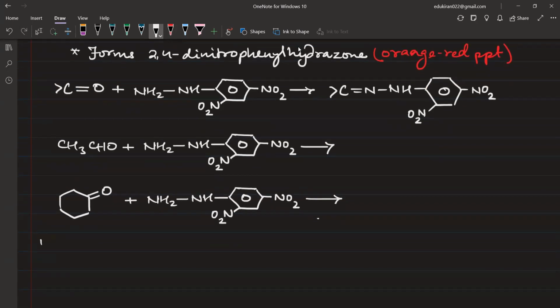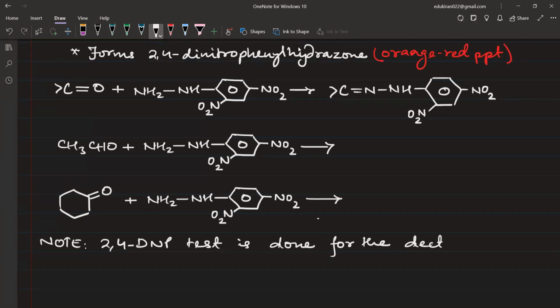Then write a note: 2,4 DNP test is done for the detection of aldehydes and ketones.